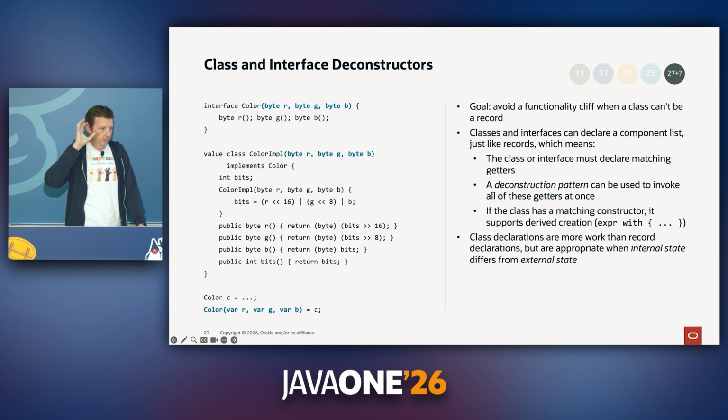We'd like to give people all those benefits for other classes. It's not going to be the same capabilities as records, as I said, but we take the record syntax with the parentheses and the components in between them.